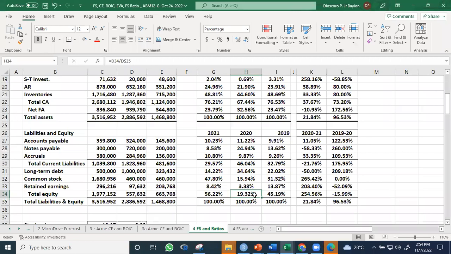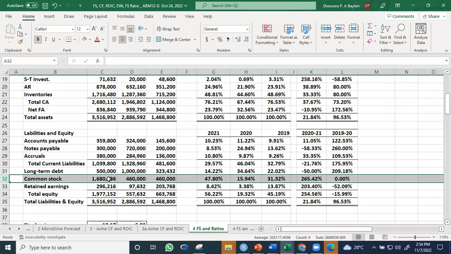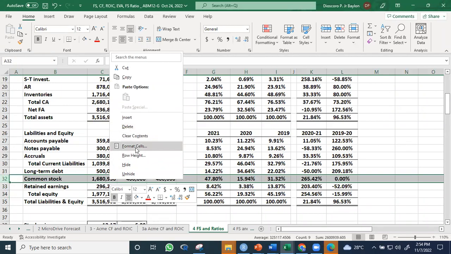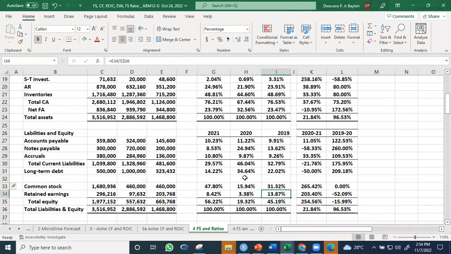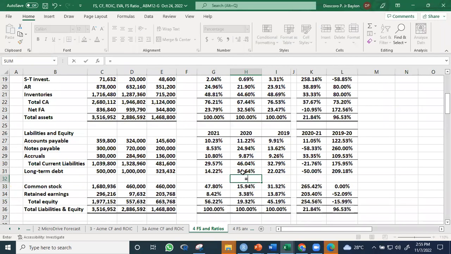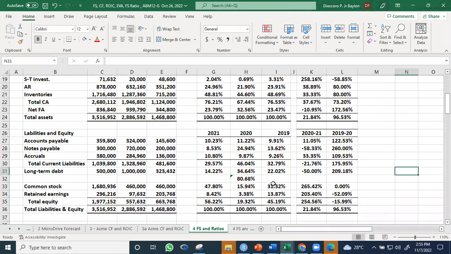Total debt, if we add this, debt accounts for 80%, right? And equity accounts for 19%, at least for 2020.